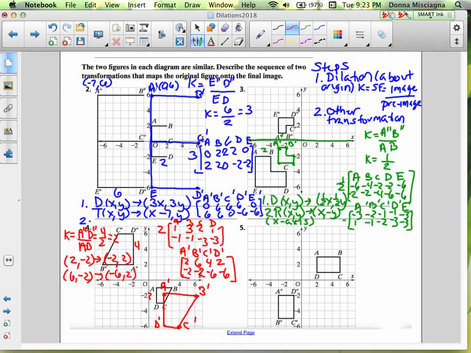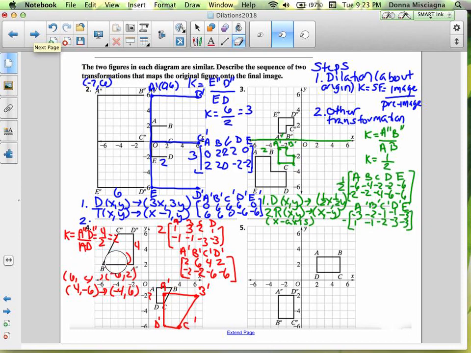Matter of fact, if we were to continue, C is at 4, -6. And C double prime is at -4, 6. So notice all the coordinates are the same, but the signs have changed. Right? So what transformation changes the sign? It is a rotation.